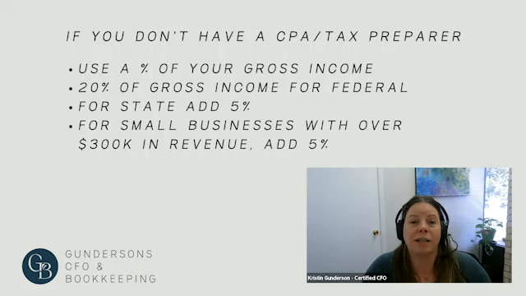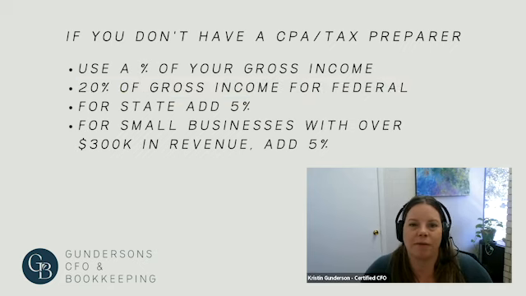So if you don't have a CPA or a tax preparer who's been preparing your taxes, how do you figure out how much to pay? Well, here's just a really quick tip. Go ahead and take your gross income. The reason I'm saying gross income is because you can tell what that is. That's your top line revenue. Just go ahead and multiply that by 20%.